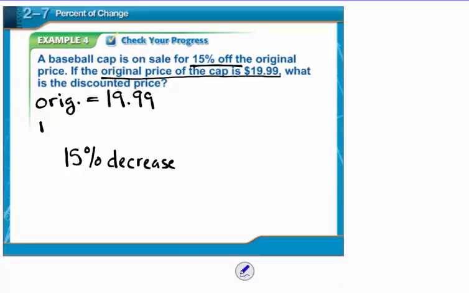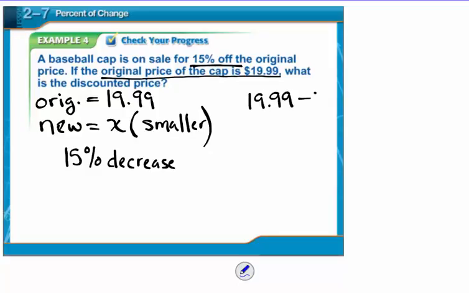So I know that the new price, X, is going to be smaller than the original price. So when I set up my proportion to find the amount of change, I take $19.99 minus X over $19.99 equals 15 over 100, percent over 100.